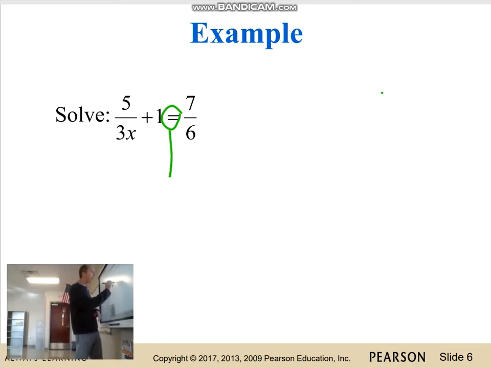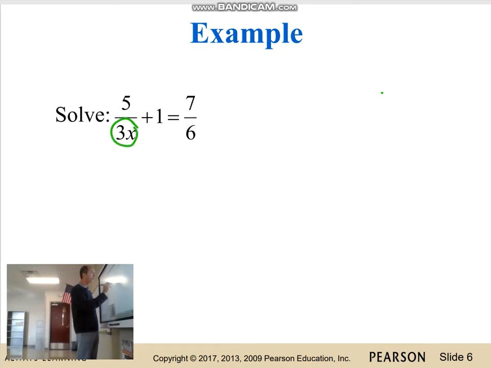And if you have an equal symbol, you have an equation, right? So we have an equation here: 5/3x plus 1 equals 7/6. This is a rational equation because we have fractions, we have rational expressions, and we need to find the least common denominator of all the fractions involved in this equation.